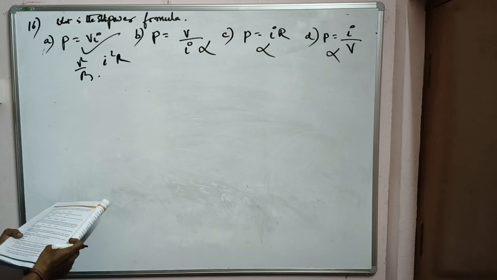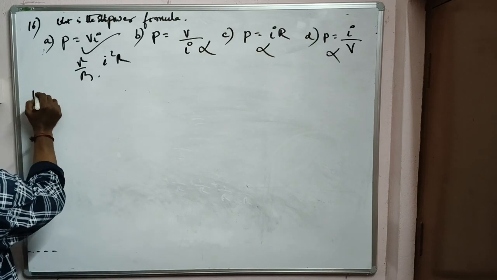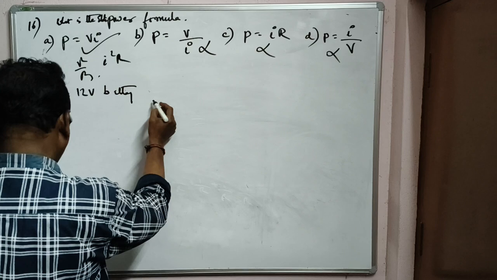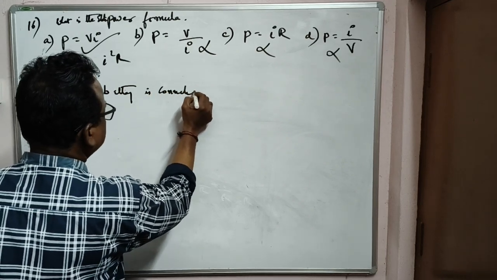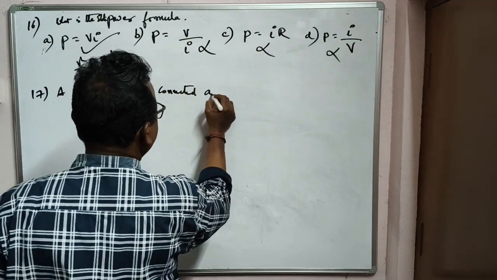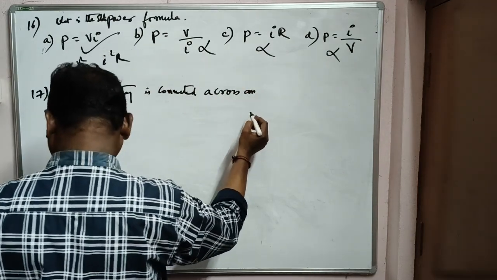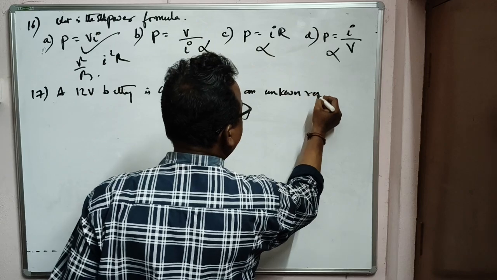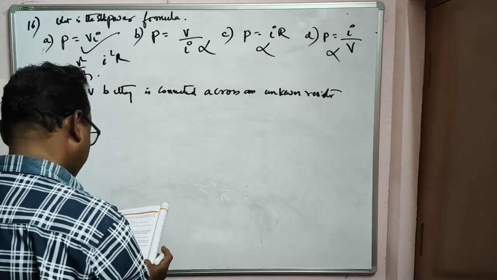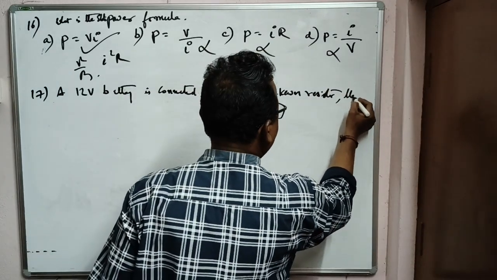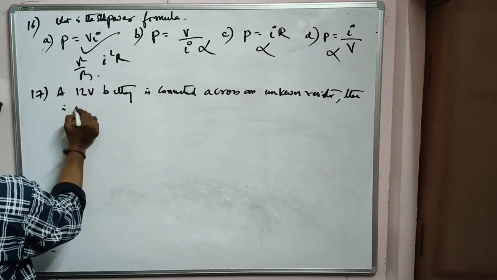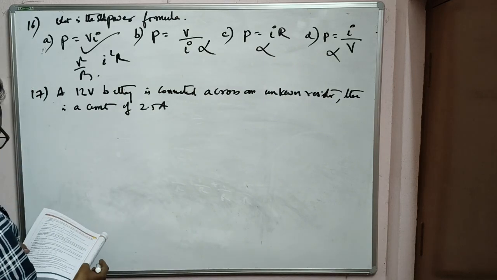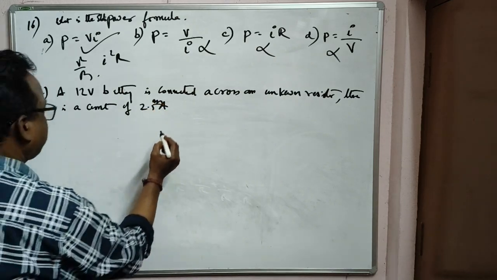A 12-volt battery is connected across an unknown resistor, and there is a current of 2.5 milliamperes in the circuit.